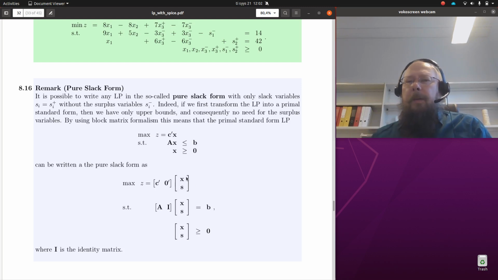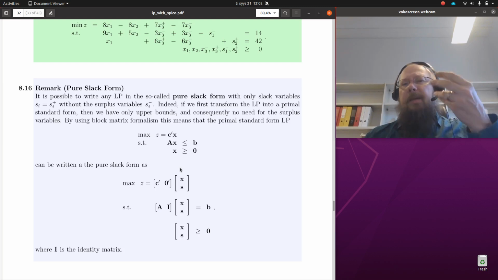Then I have the coefficients for the maximization, the c's. This should be a row vector, so first I have the c's transposed, so this is the row. These correspond to the x's, and for the slacks, they don't appear as such in the objective. So what does it mean? Because we need to have the vector dimensions correct, it means that they appear there as zeros.